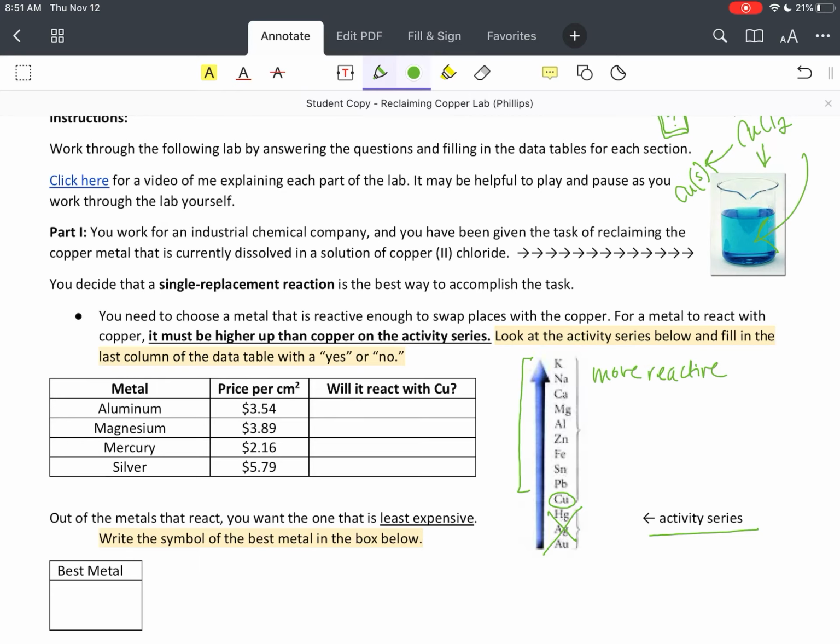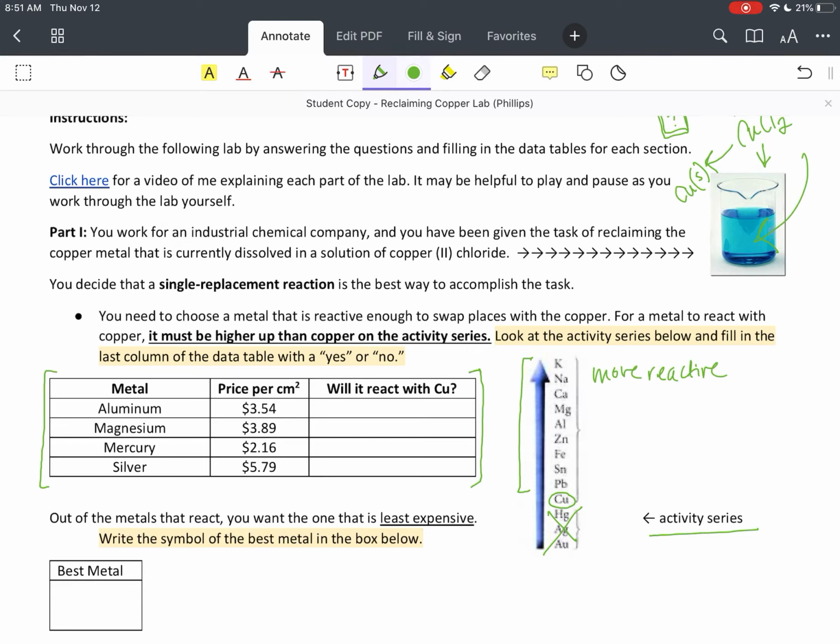My other step is I have a chart here, and these are the options that the company has given me. One thing to keep in mind, since this is a real life scenario, if you're working for a company, they're always going to want you to do your job for the cheapest amount of money. So when you're choosing your elements, you're not going to want to choose the most expensive option because your boss will not be happy with that.